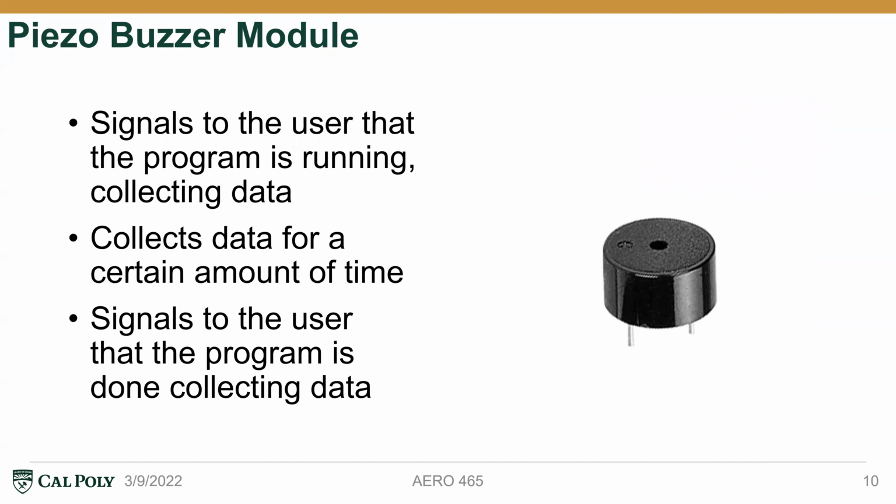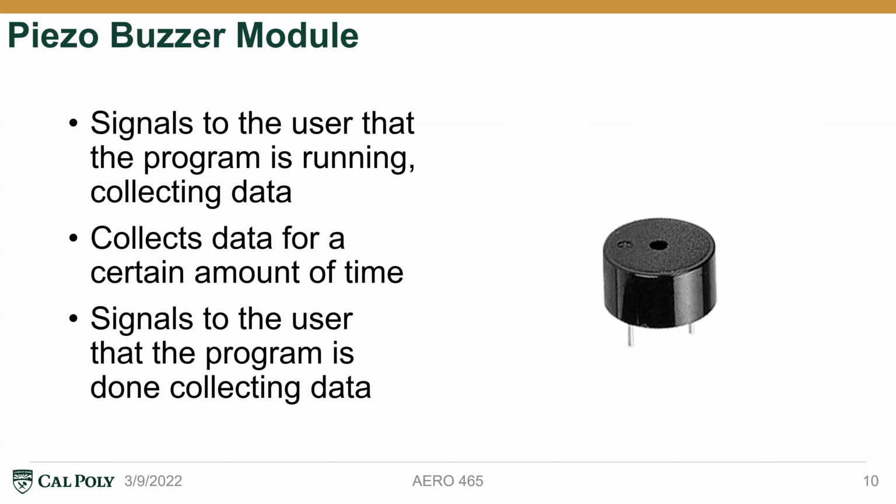Now the component of the piezo buzzer module. This is a simple buzzer. The way we use it in our system is that the buzzer sounds to signal to the user that the program is running and collecting data. The system collects data for a certain amount of time, and once the program is done collecting data, the buzzer signals to the user again.